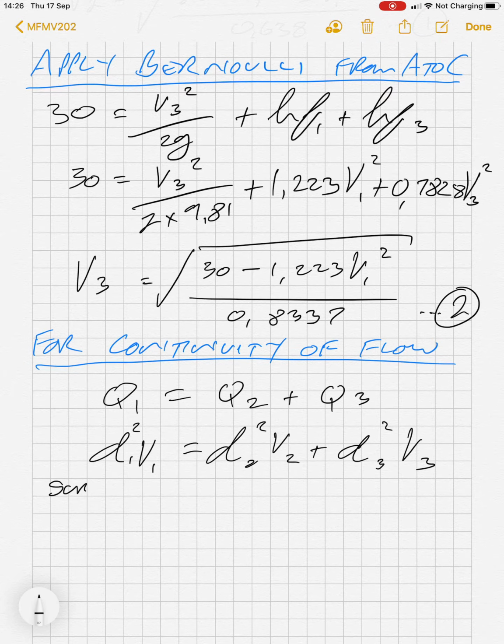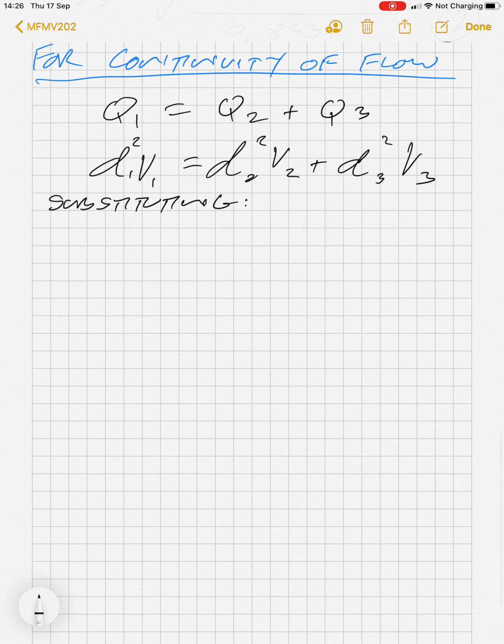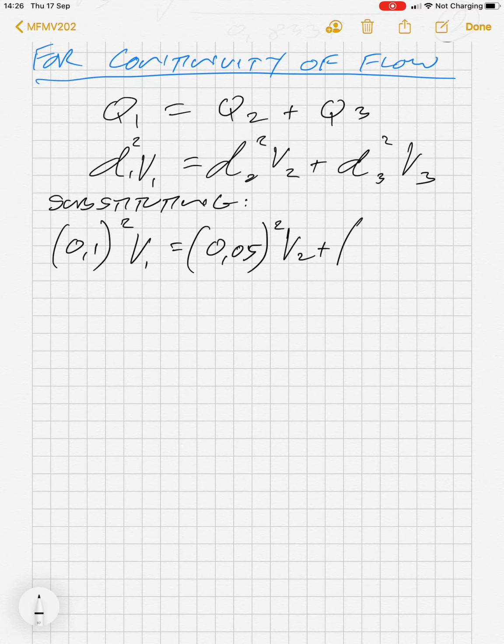So substituting, we have 0.1 squared V1 is equal to 0.05 squared V2 plus 0.075 squared V3.